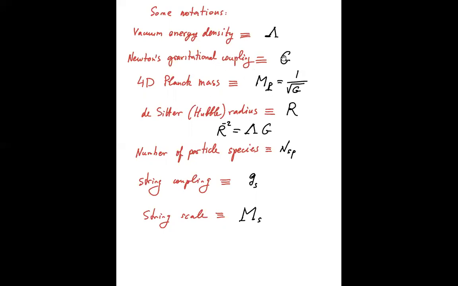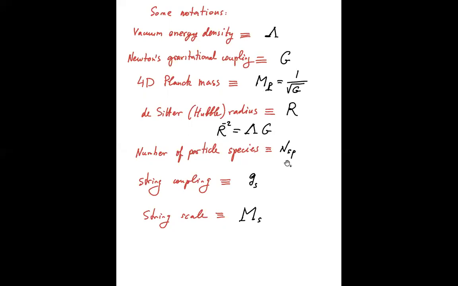Newton's gravitational coupling will be G. Planck mass, as usual, will be m Planck, which is the inverse square root of G Newton. The gravitational radius, for both de Sitter and the black hole, I will denote by R. For de Sitter, the gravitational radius, or sometimes the Hubble radius, is given by, I mean, the inverse gravitational radius squared is lambda times G Newton.